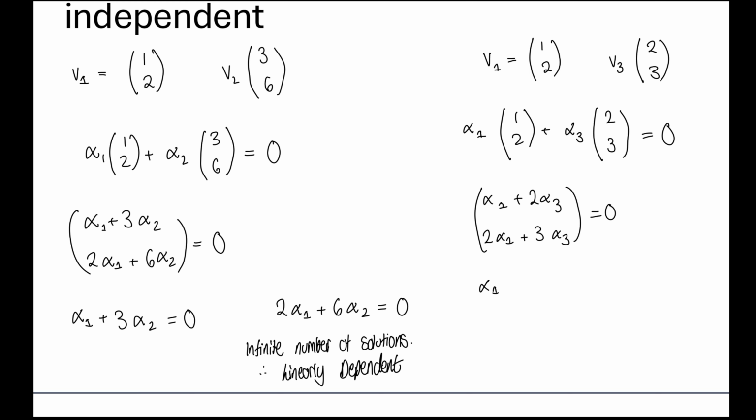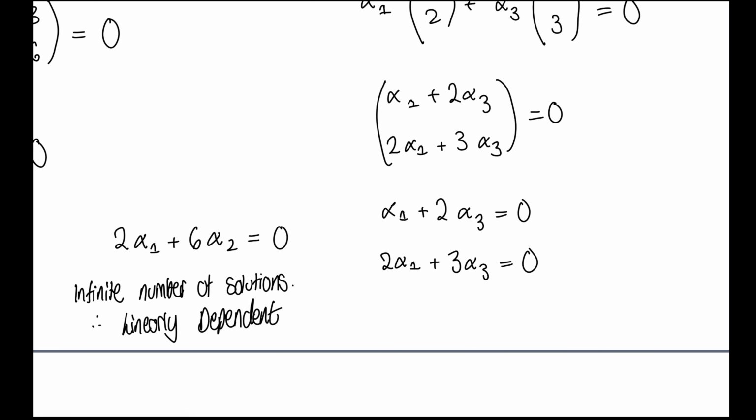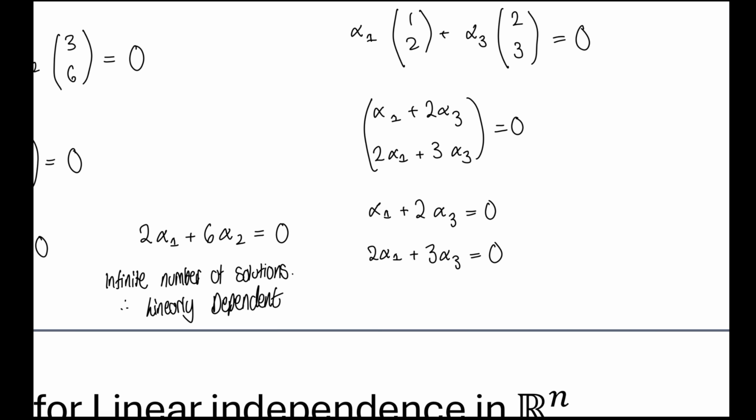So alpha 1 plus 2 alpha 3 is equal to 0, and 2 alpha 1 plus 3 alpha 3 is equal to 0. Now, the only values of alpha that satisfy this would be alpha 1 equal to 0 and alpha 3 equal to 0. Therefore, these two vectors are linearly independent.